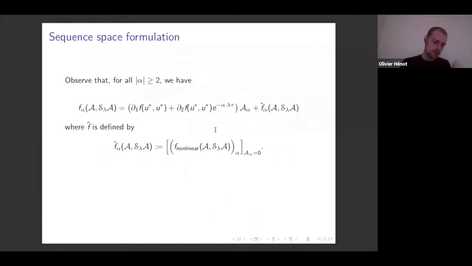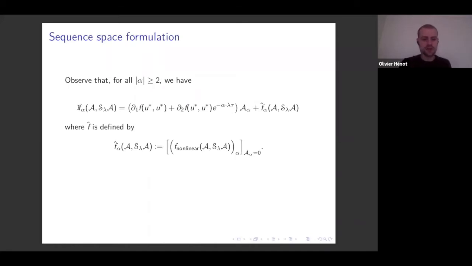So what's important here is that we can easily prove that, so F again is a polynomial, right? Which we evaluate, and we evaluate sequences on it. So we have a convolution between the Taylor series.